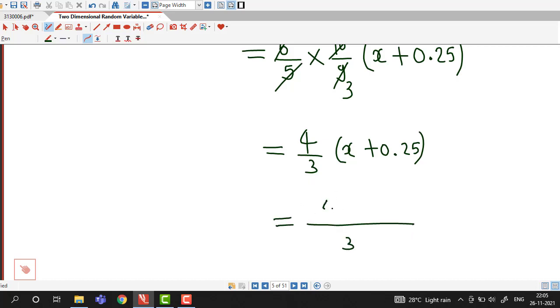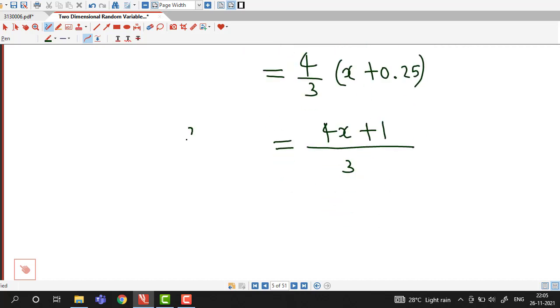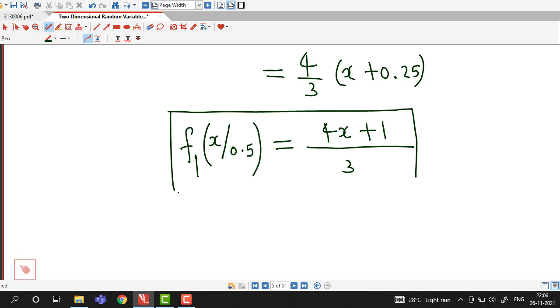So I have 4x plus 0.25 times 4, which is going to be 1. So this is the conditional density of random variable capital X given that random variable y takes the value 0.5, and this is non-zero for 0 less than x less than 1, and it will be 0 outside this range of x.